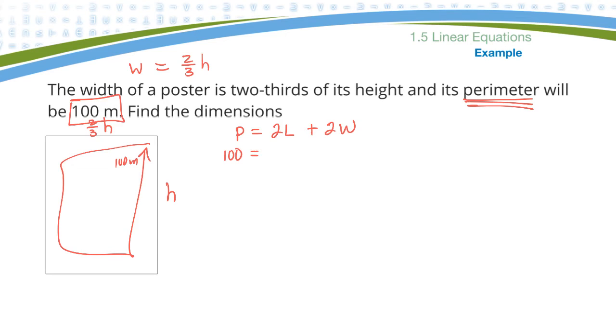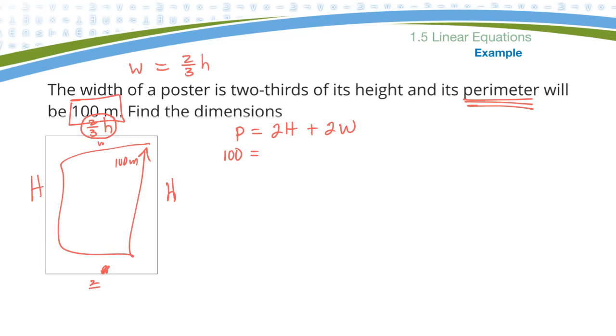And then, now here it's 2 lengths and 2 widths. In this case, we're using widths and heights. So instead of maybe that L there, I'm going to put in an H. So 2 of these H's and 2 of these, this is a width, this is a width. But we figured out that the width is actually equal to that.